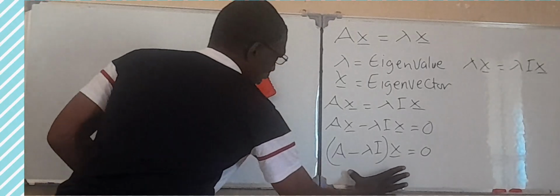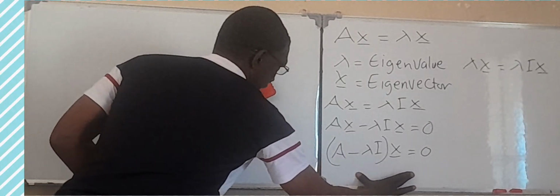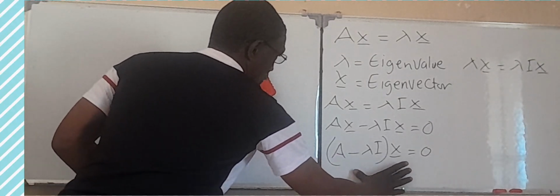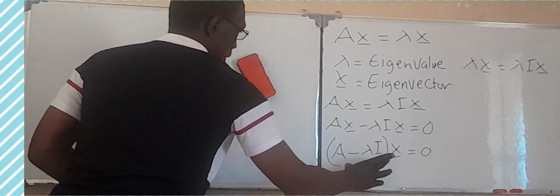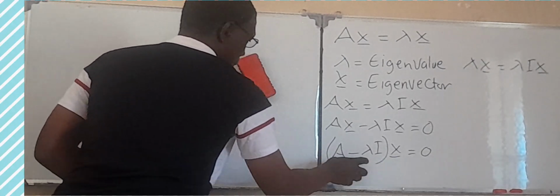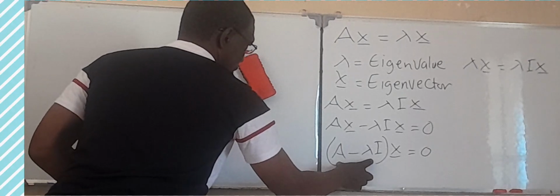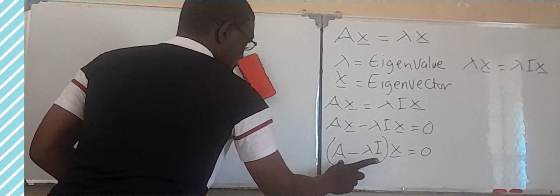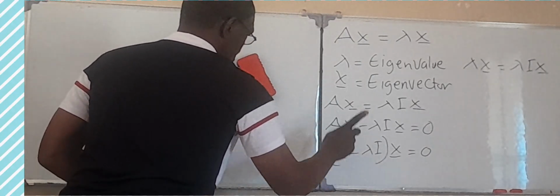Let's repeat this important equation. If this equation is to have non-trivial solutions, in other words, the solution x is not equal to 0, then the matrix inside the bracket must have its determinant equal to 0.